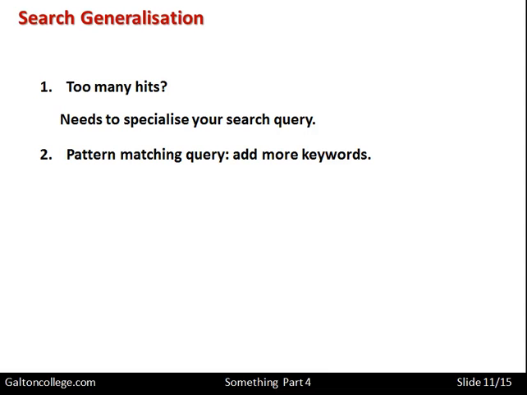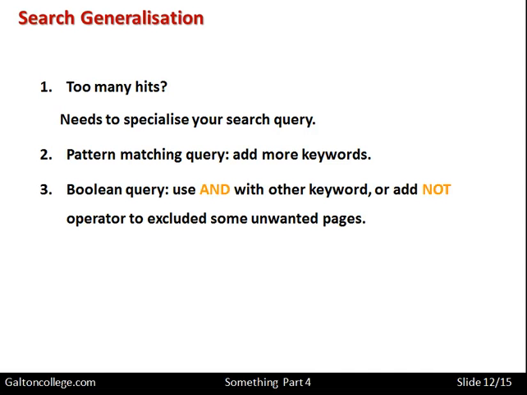Now that would reduce the number of hits because it's excluding all the other cars, all the petrol engine cars, all the cars made in different years, so it will reduce the number of hits. And again, we could play around with our query using this Boolean query logic we talked about previously. So we could put in ands and add nots and so on to try and improve the search.